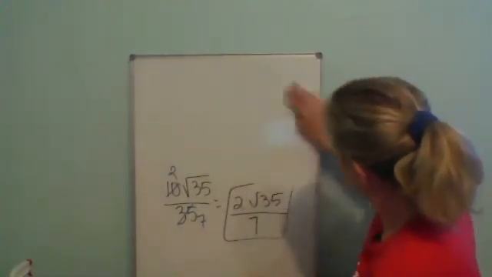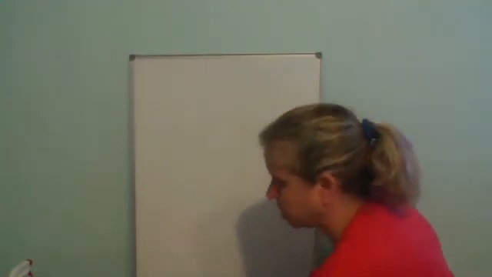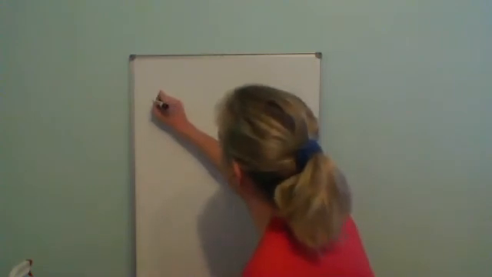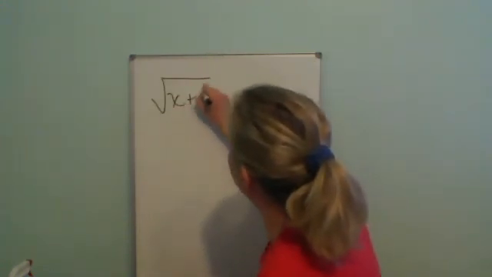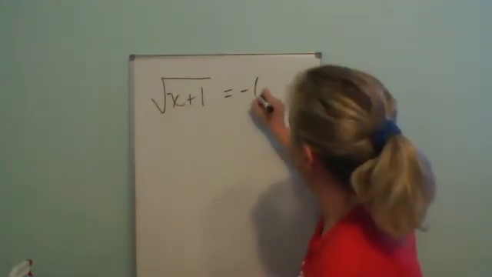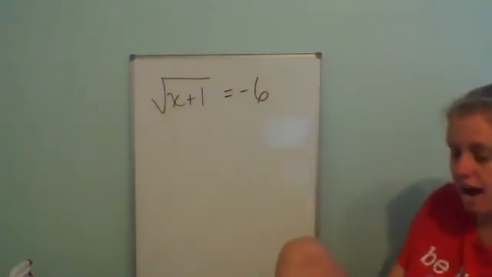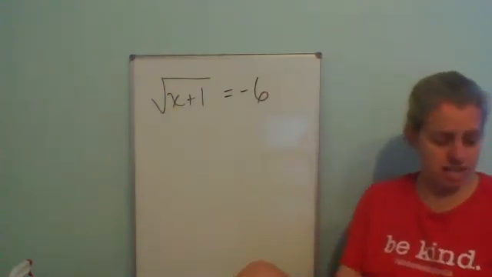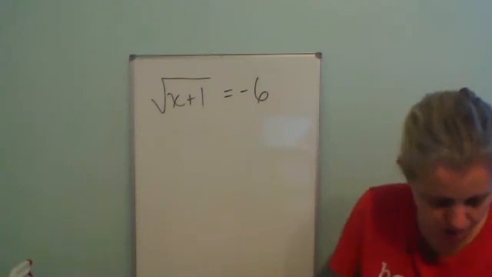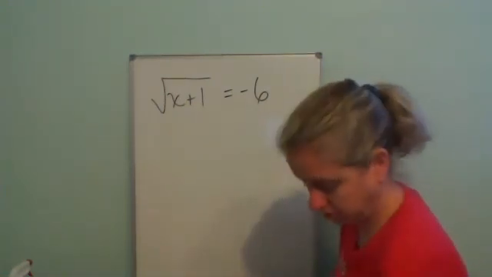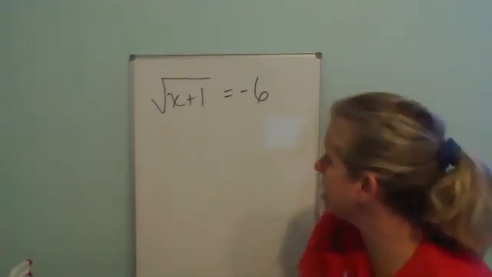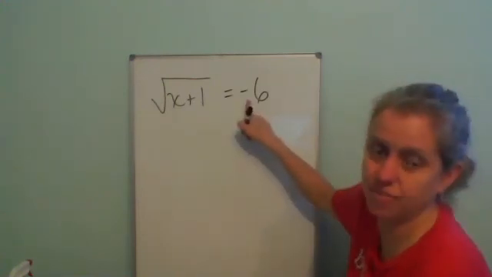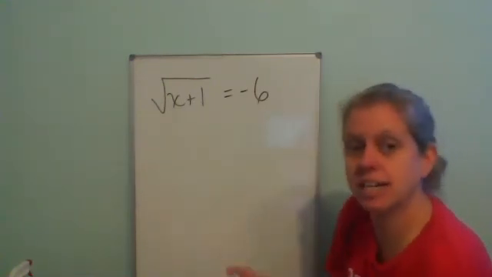All right, number 23. Now we're solving equations that contain radicals. You've got the square root of x plus 1 equals -6. Now, remember when we talked about this, if you had the square root and it was equal to a negative, you would work this out and actually get a solution.